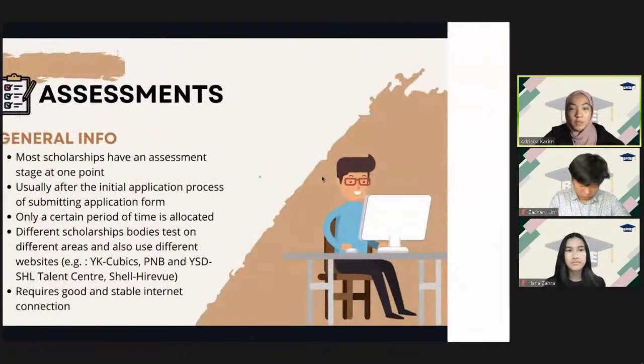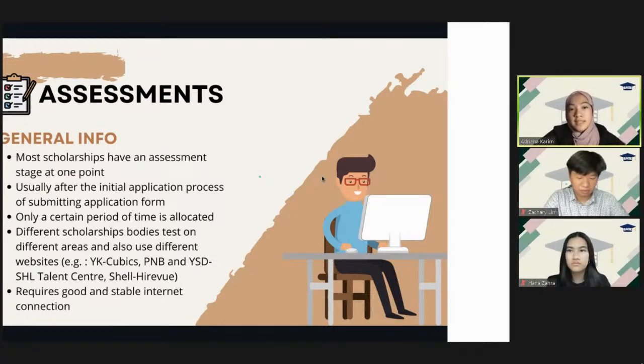Most scholarships have an assessment stage at one point. This is because companies and recruiters want to select their prospective scholars from a pool of bright minds. Typically the assessments start right after you've submitted your application, and only a certain period of time is allocated. So you'll be put under time pressure as you do your assessment. For this part, make sure you are quick on your feet and try to stay as calm as possible.